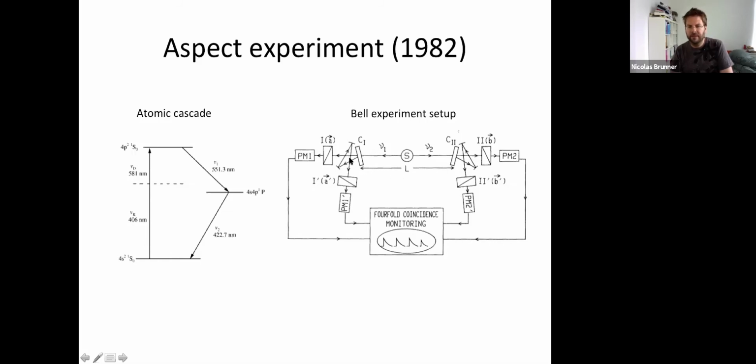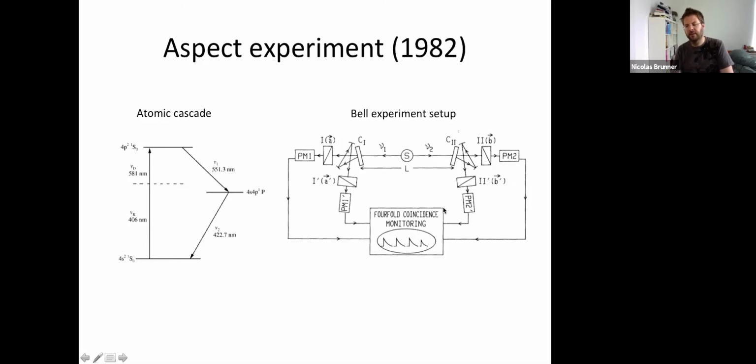And this is a device that is a switch. So the idea is that you want to be able to choose the measurement setting in a way that is completely separate and unknown to what's going on the other side, right?